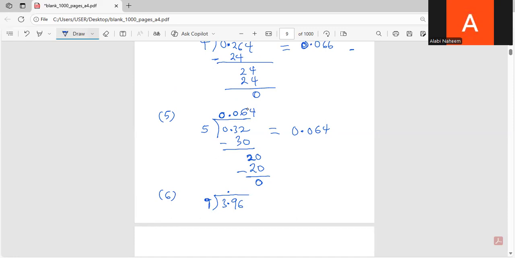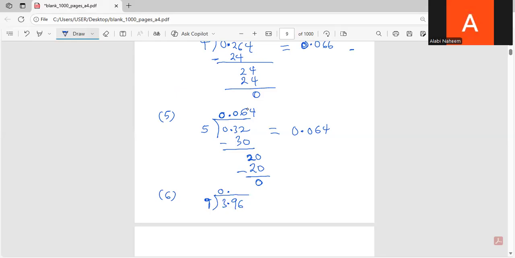So we write 0 here. So we proceed now. So we cannot take two numbers at the same time now. You cannot say 9 in 39. Now the highest multiple of 9 before 39 is what? Is 36. 9 times 4, 36. 9 times 5, 45. So we are actually using 36.